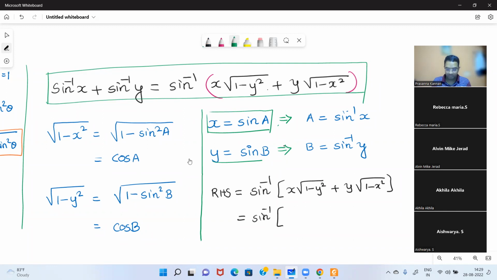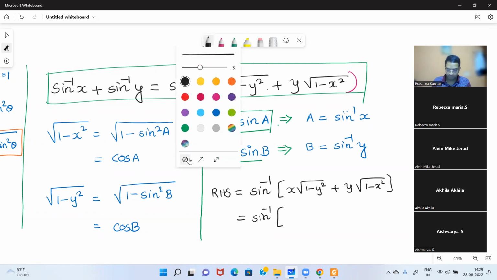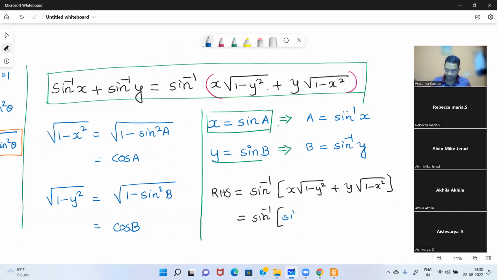Sine A. What is root of 1 minus y square? Cos B. What is y? Sine B. What is root of 1 minus x square? Cos A. I'm writing it here.